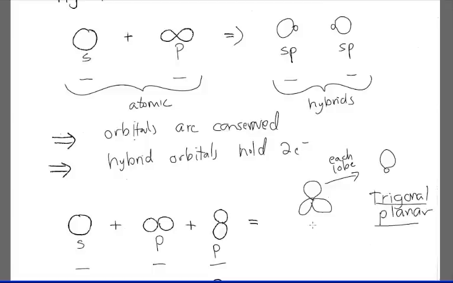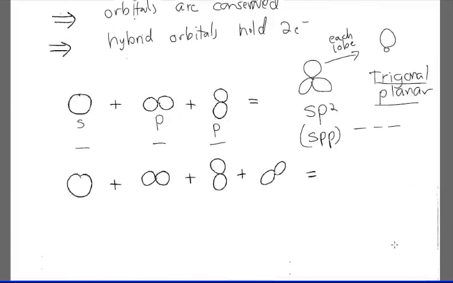And up here they were a combination of one s, one p, so it's called sp. Here we're going to call it sp2, superscript 2, which is a combination of one s and two p's. And since there are 3 of them, we can write 3 orbitals. Started with 3 atomic orbitals, make 3 hybrid orbitals.